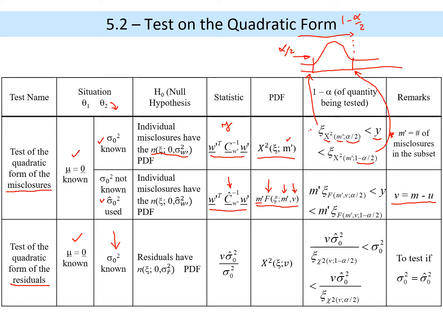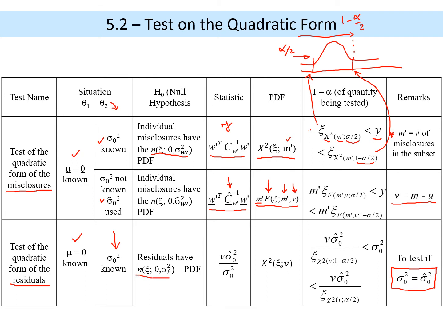Yes, it has to be known, because what we are indeed testing in this test of the quadratic form of the residuals is the statistical equivalence between the a priori variance factor and the a posteriori variance factor. So we can only do this test if we know the a priori variance factor.